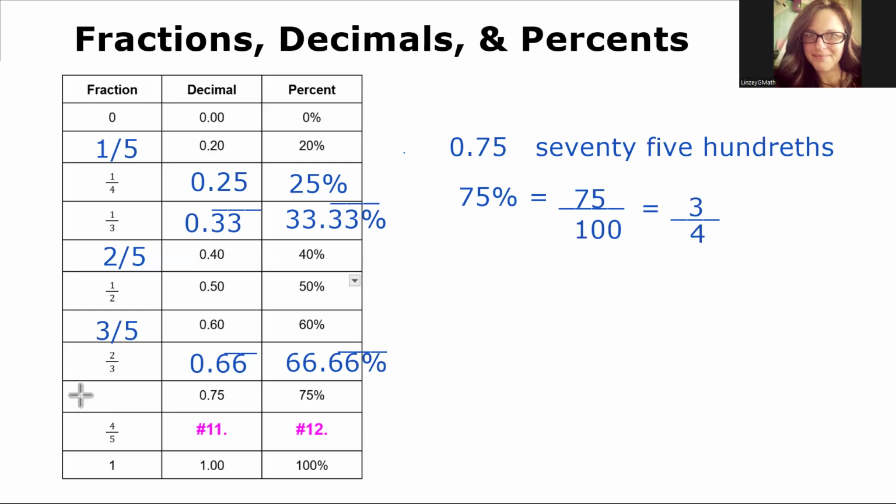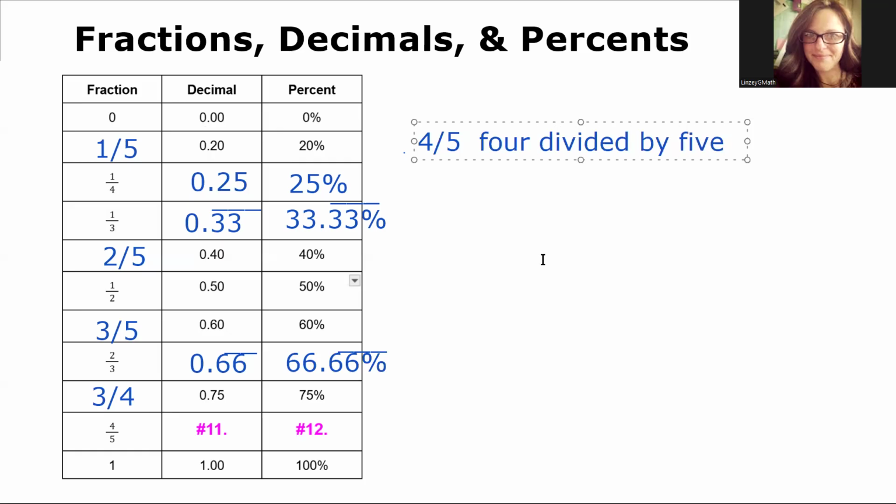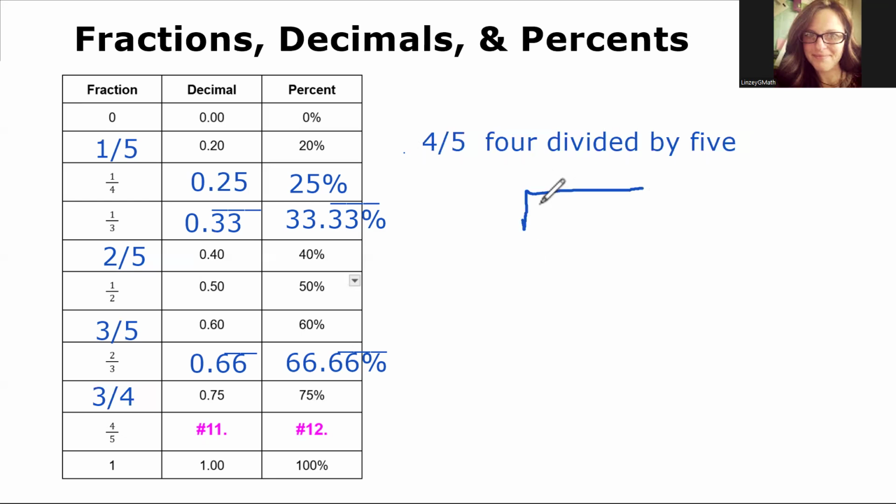Number 11, 4/5 as a decimal. So you could do 4 divided by 5, or we can use our long division. 4 goes in the house, divided by 5.